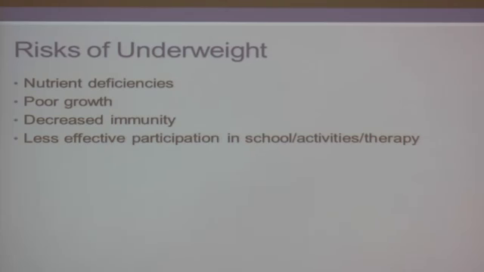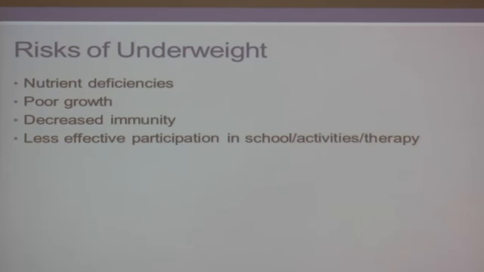Okay, so flipping to the other end, looking at risks of being underweight. Nutrition deficiencies that I specifically mentioned, frequent nutrition deficiencies in kids with ASD, but kids can also present with other nutrient deficiencies.